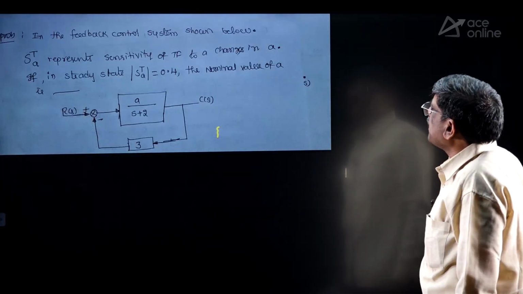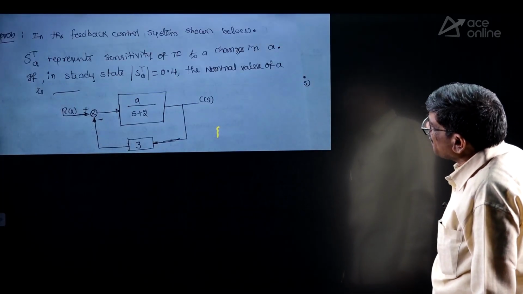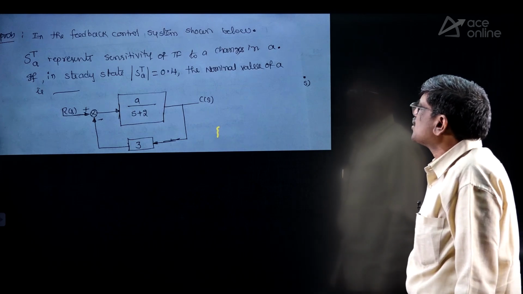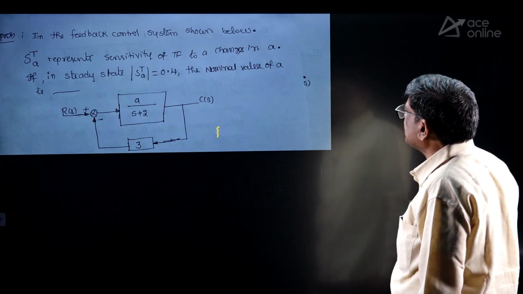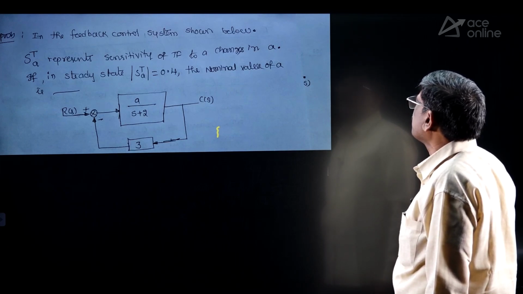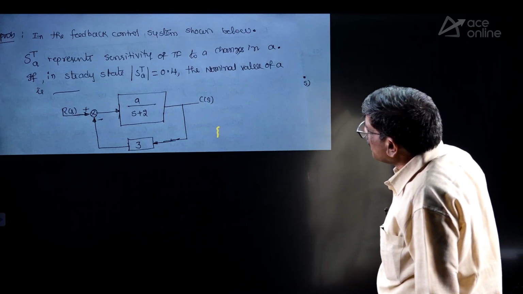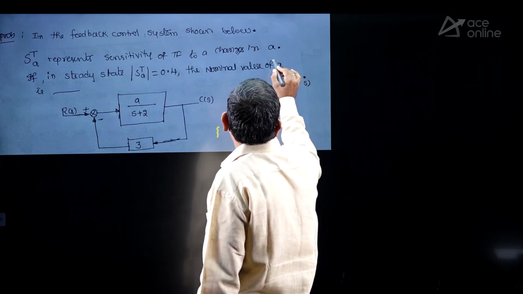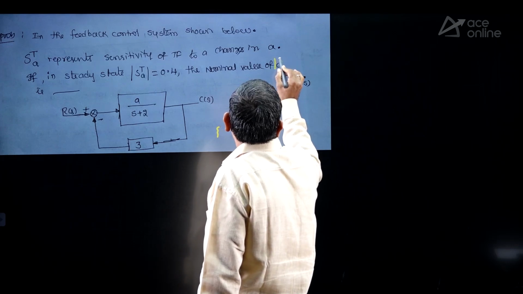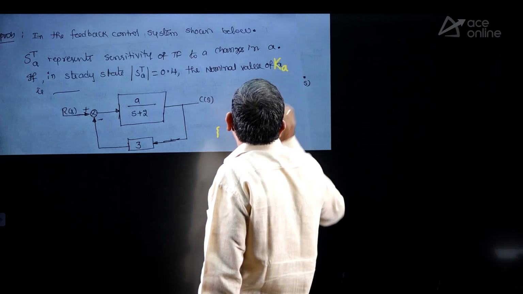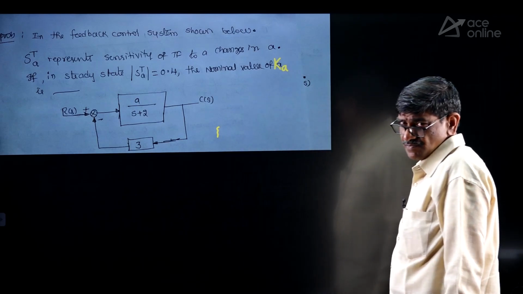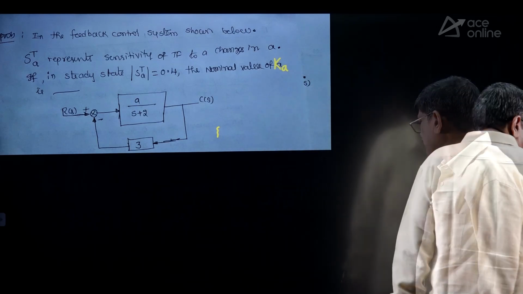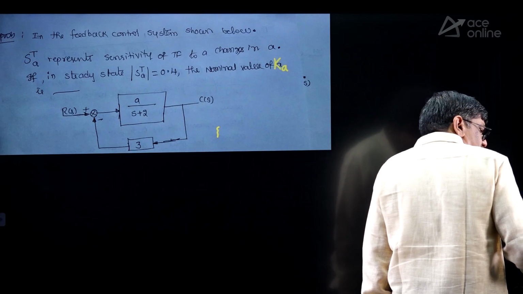In the feedback control system shown below, S_A^T represents the sensitivity of the transfer function to a change in A. If in steady state S_A^T equals 0.4, the nominal value of K_A is, this is K. Use the sensitivity.